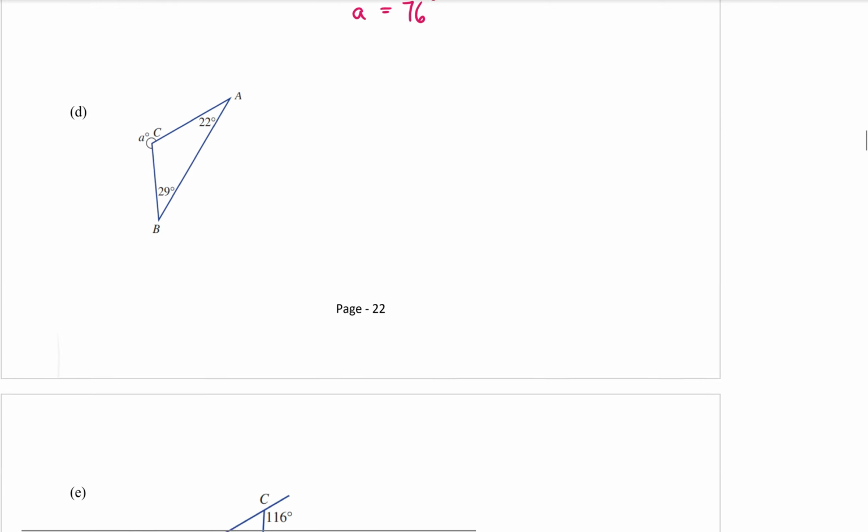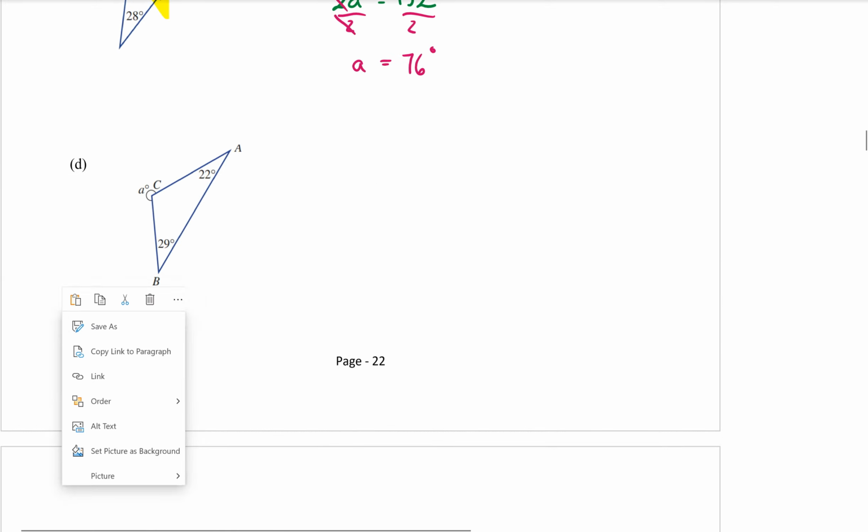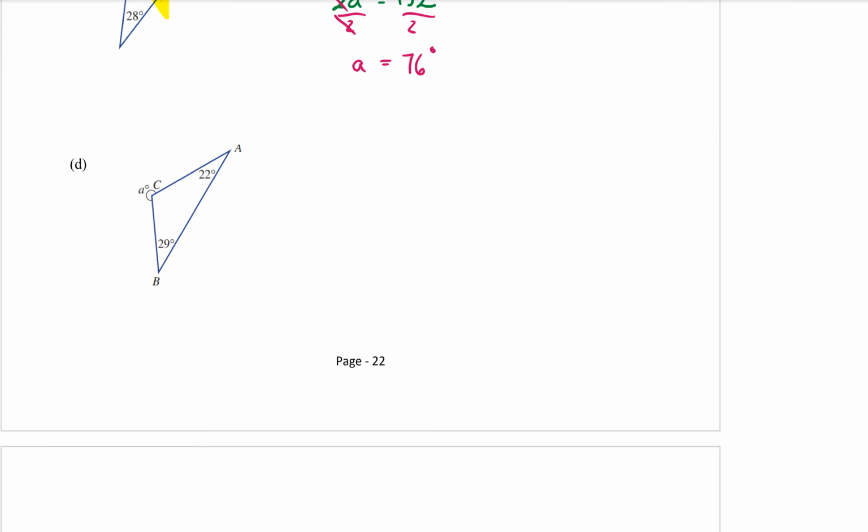Okay, D, getting slowly a little bit more tricky as we go down the page here. D, we are trying to find this angle outside of our triangle here. So what I will need to do is actually find this one inside first. I'm going to call that B since A is the one outside. So if I want to find that letter B, I'm going to use my angle sum of a triangle.